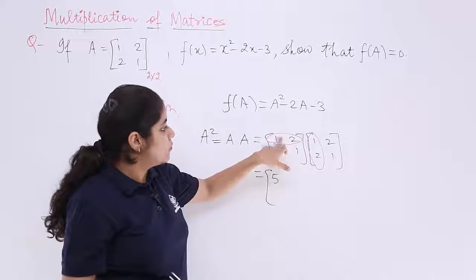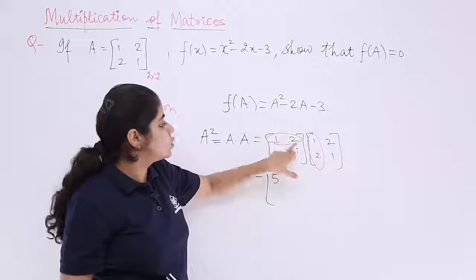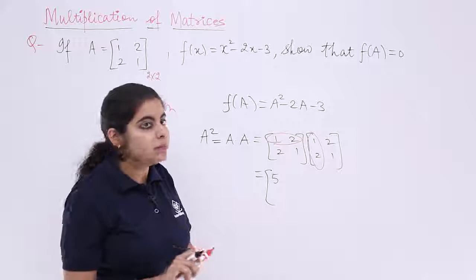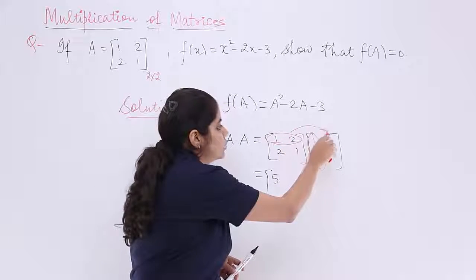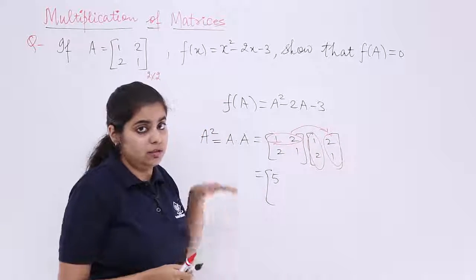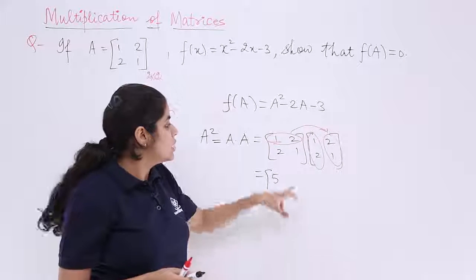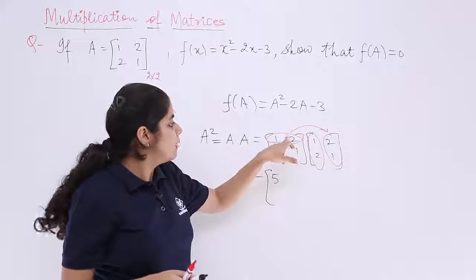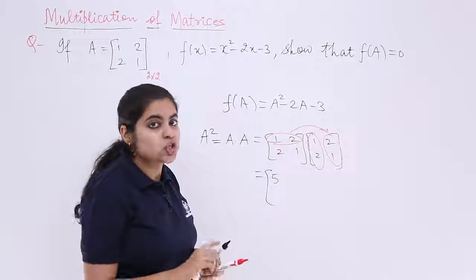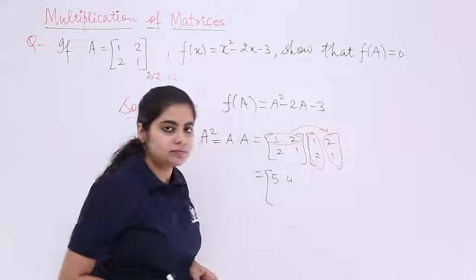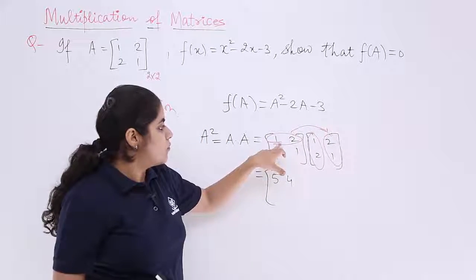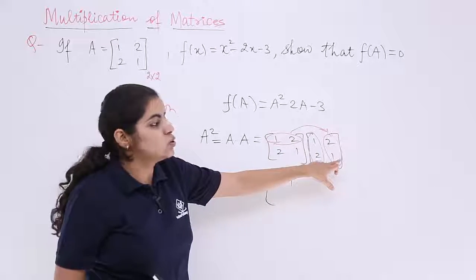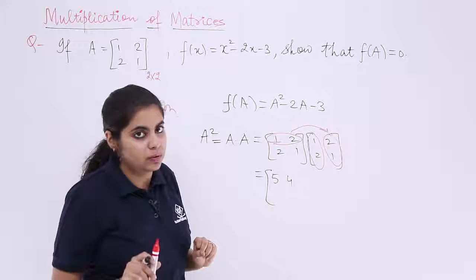What about the first row and the second column? It is 1 into 2, 2, plus 2 into 1, 2. So, 2 plus 2 makes 4.